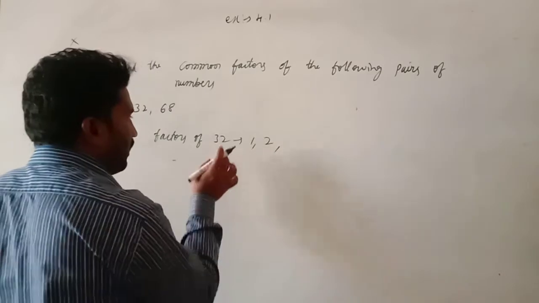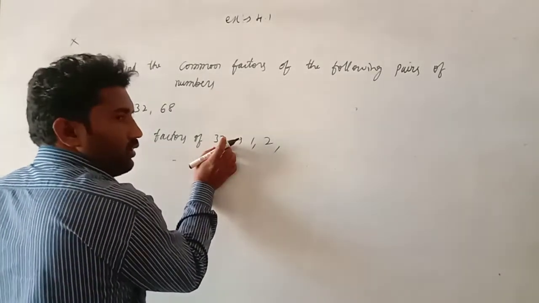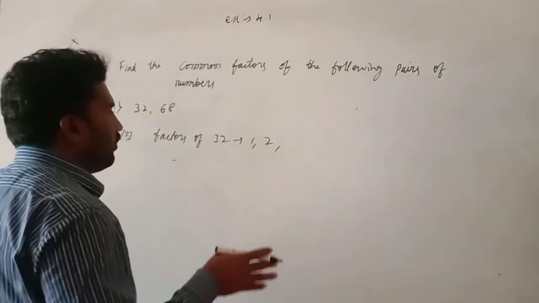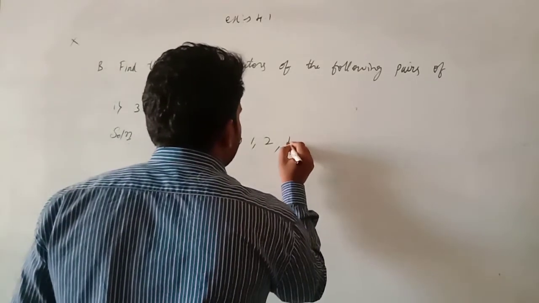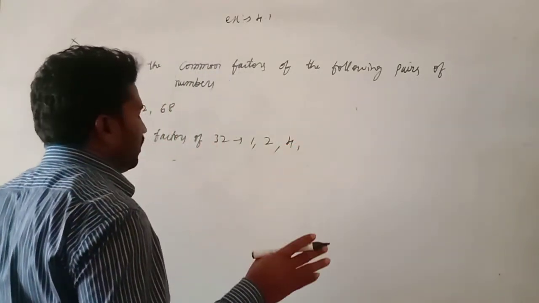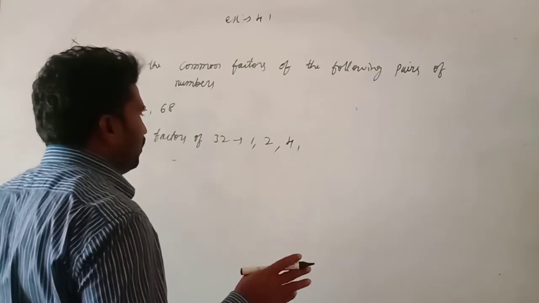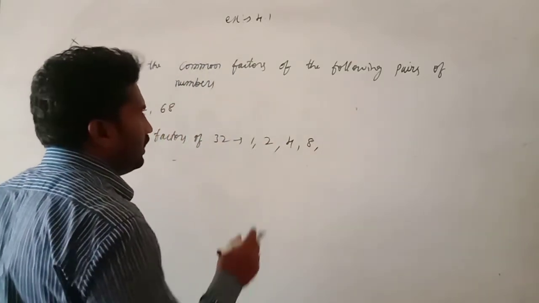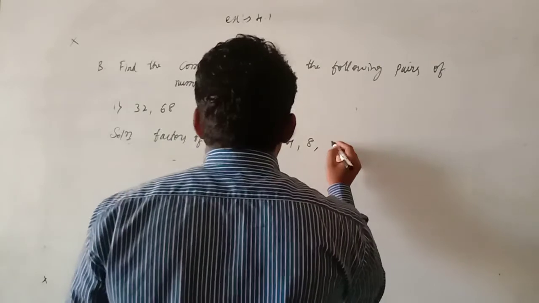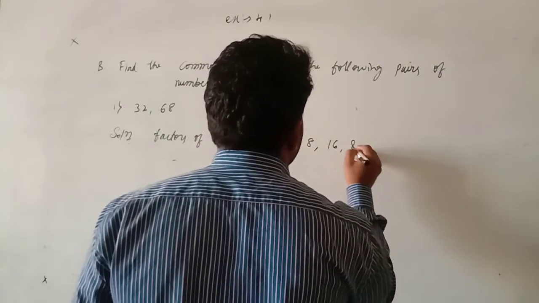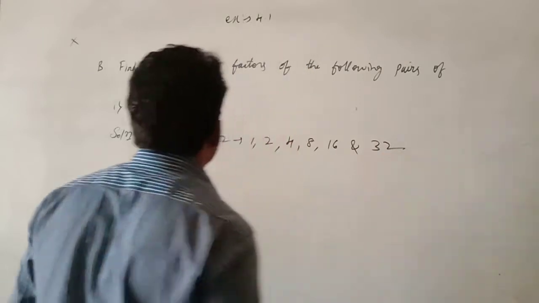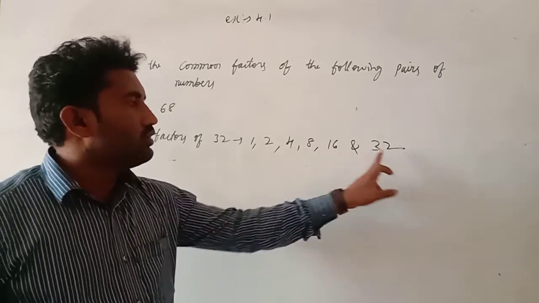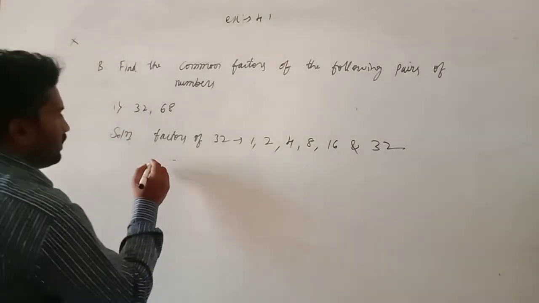By 3 is not possible, because the sum of the digits, 3 plus 2, does not work. 3 is not, but 4 is. 4 sevens are 28, 4 eights are 32. Then 16, and finally it can be divided by 32. So 32 is divided by 1, 2, 4, 8, 16 and 32.